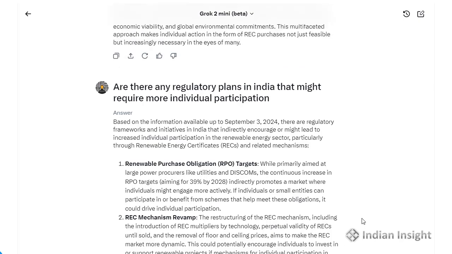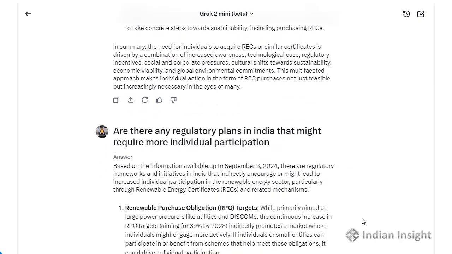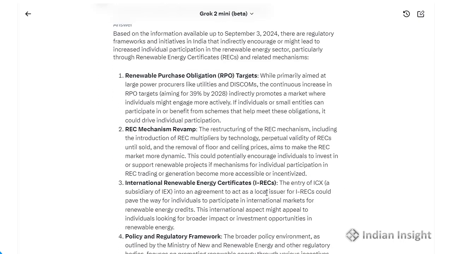Okay, so there are regulatory frameworks and initiatives in India that indirectly encourage or might lead to increased renewable participation. So there are renewable purchase obligation targets primarily aimed at large power procurers. So if individuals can participate or benefit from schemes that might meet these obligations, it could drive individual participation.